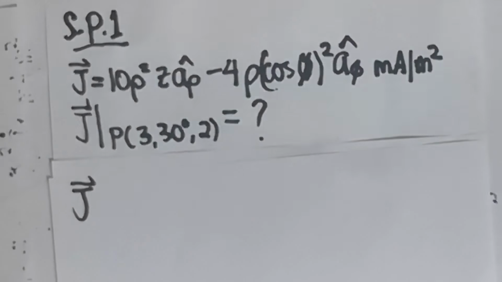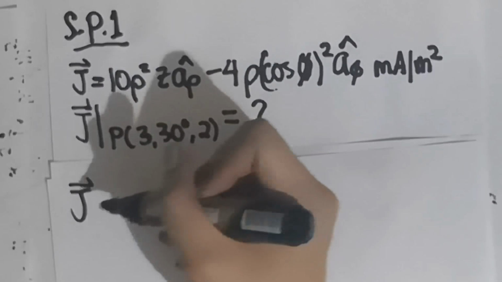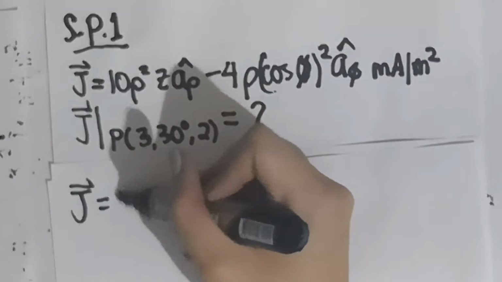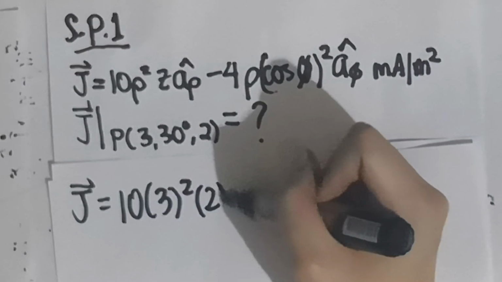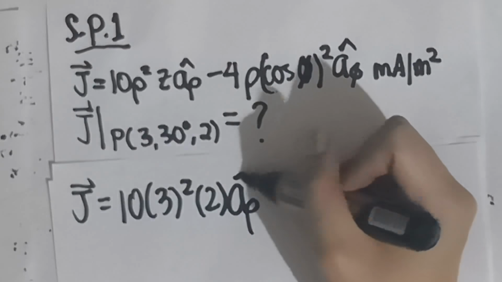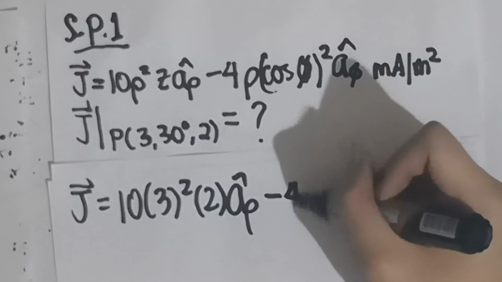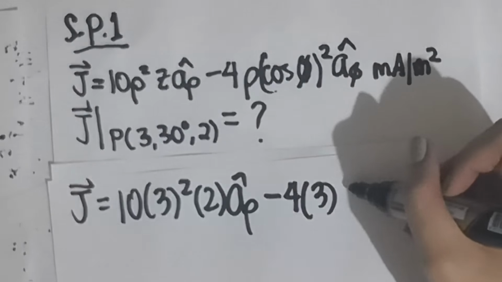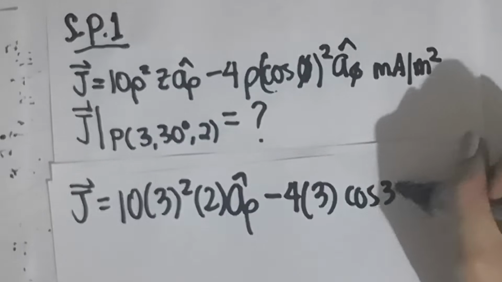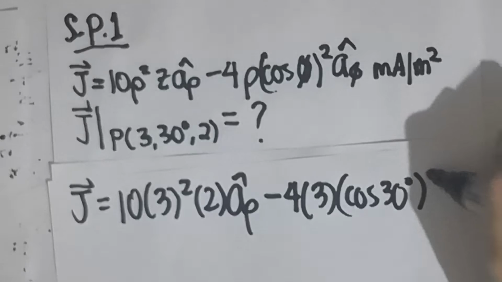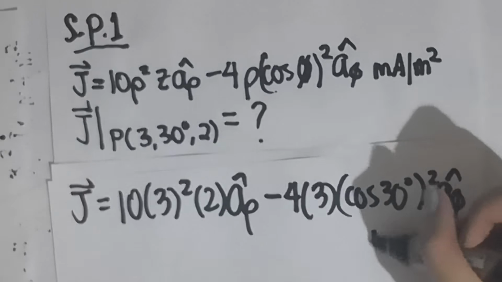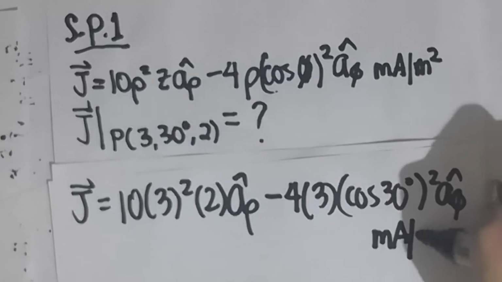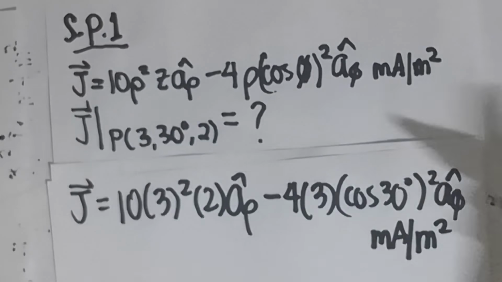So that would be J equal to 10 times 3 squared times 2 a rho minus 4 times 3 cosine of 30 degrees quantity squared a phi milliampere per meter squared.